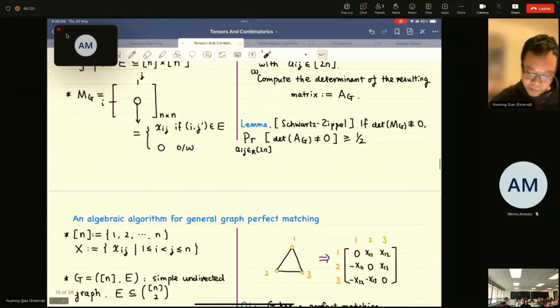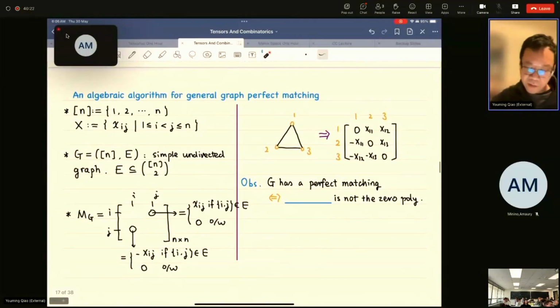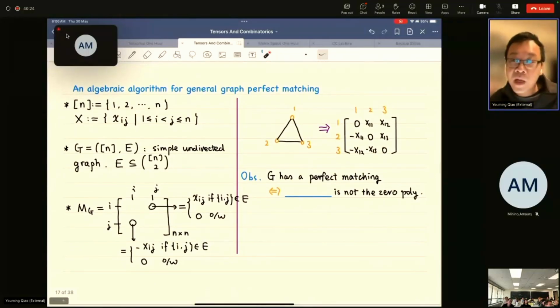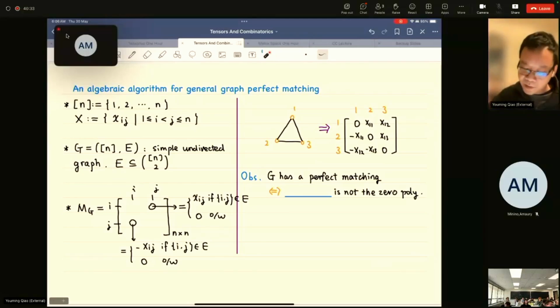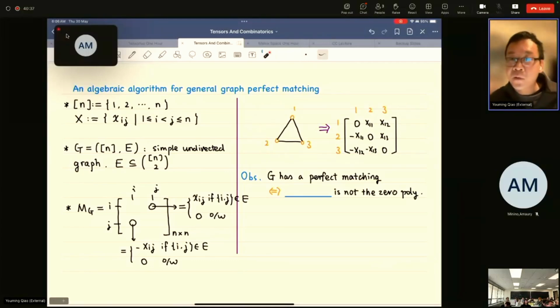Okay, so we have been mostly looking at the bipartite case, and in the general graph case, as you see here, we'll be dealing with skew symmetric matrices of linear form, right?